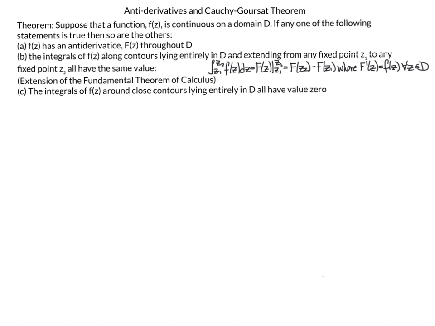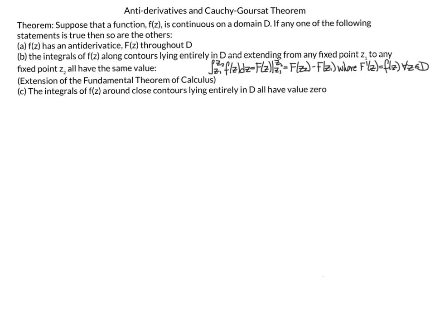Our first theorem for this video is: suppose that a function f(z) is continuous on a domain D. If any one of the following statements is true, then so are the others. 1. f(z) has an antiderivative, capital F(z), throughout D. 2.